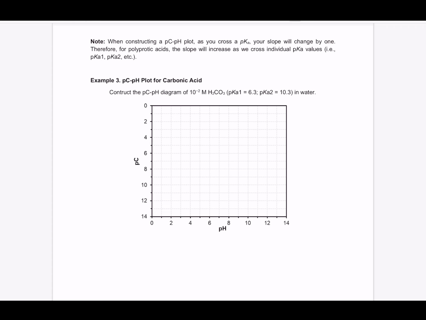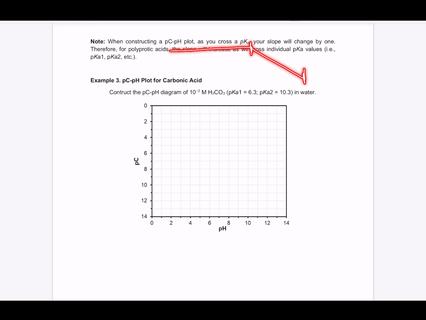The simple rule is a simplification of a long mathematical derivation. And that simple rule says, for a multiprotic, or even for a monoprotic acid, when you cross a pKa, the slope changes by 1.